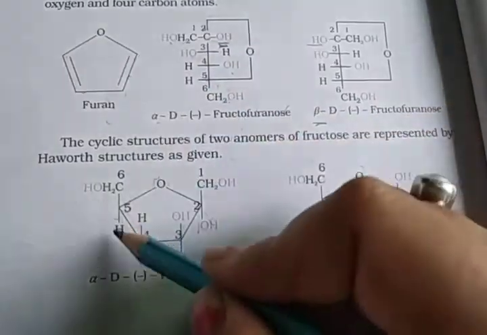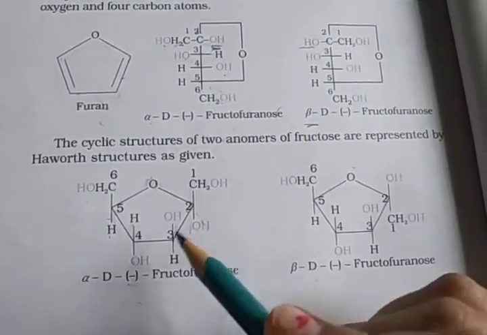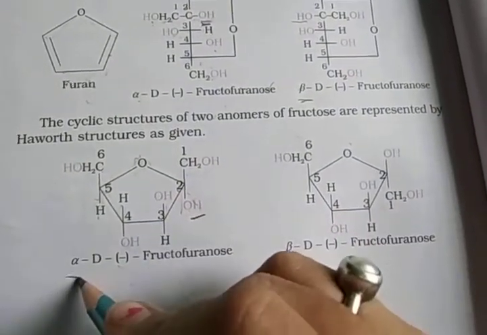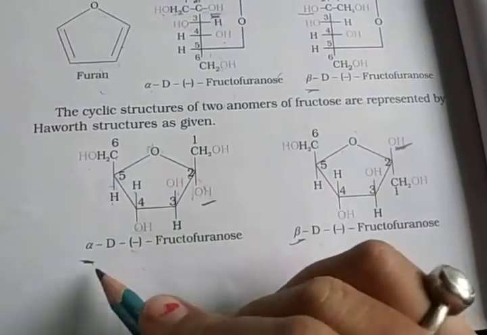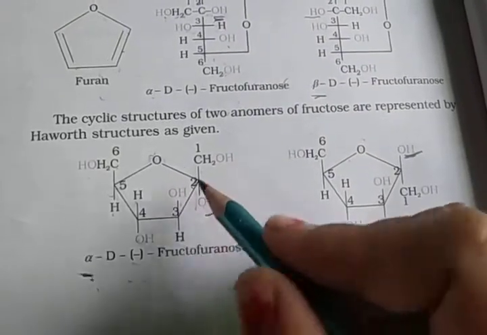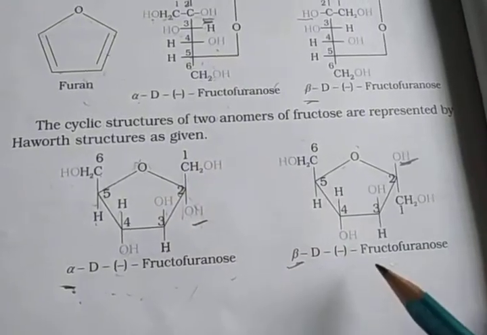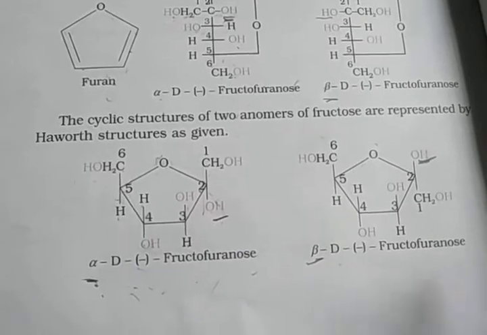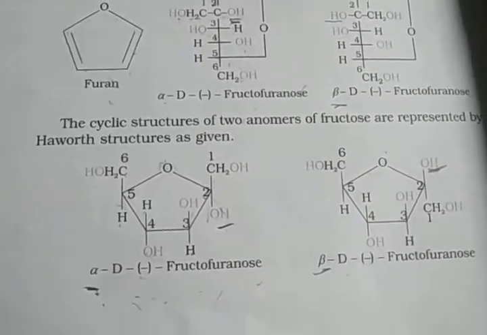Fifth number H, and then the sixth carbon CH2OH. Okay, clear? Here you see it is attached on the right hand side, so alpha, and from the oxygen on the left hand side, so beta. Its name is alpha D, right hand side dextrorotatory, so D minus fructofuranose, and then beta D, levorotatory, so minus fructofuranose. Okay, so this is the structure of fructose.